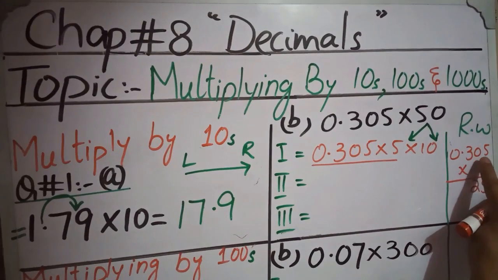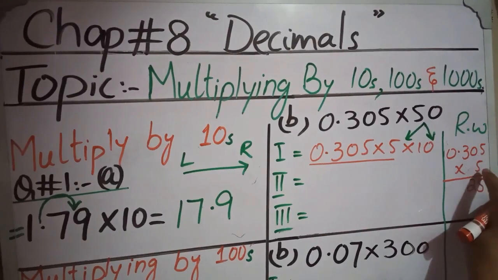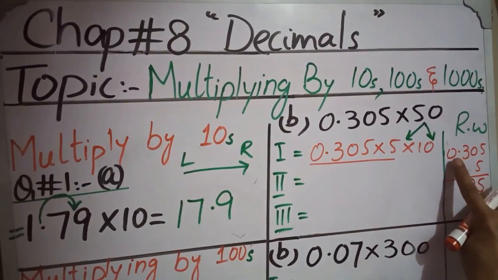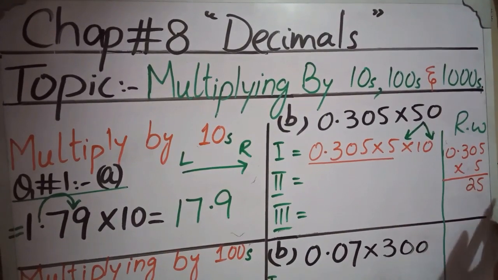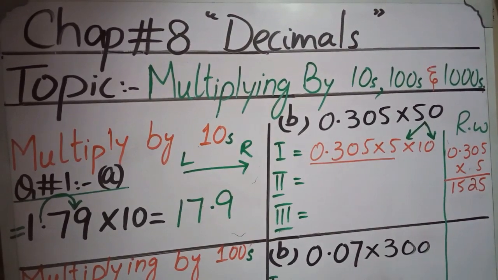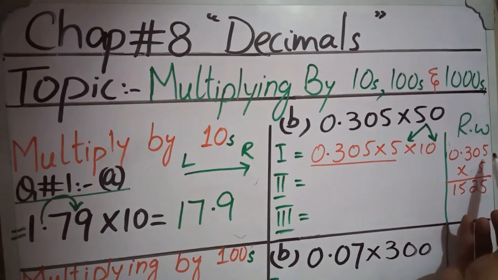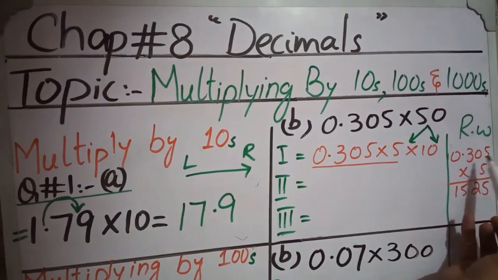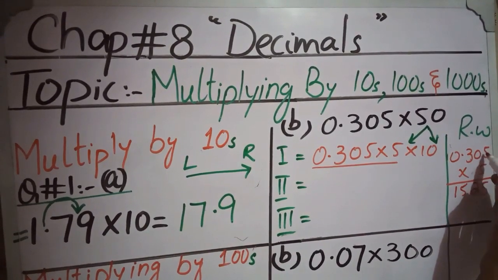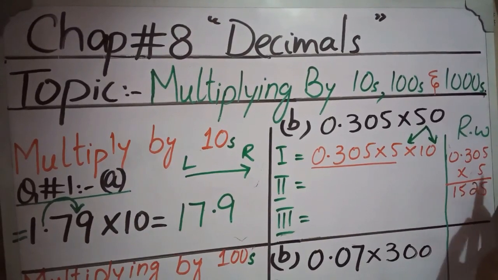Then we will now multiply with the next digit. 5 threes are 15. Again the next digit is 0, so we will write down 15 here. Now can you see, here are 3 DPs, decimal places.